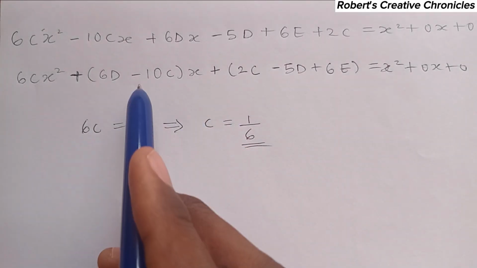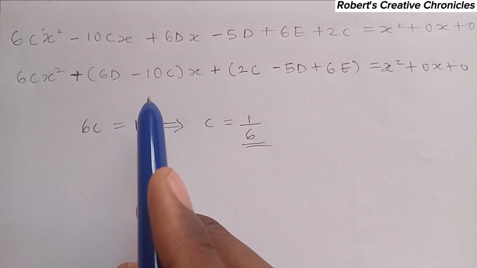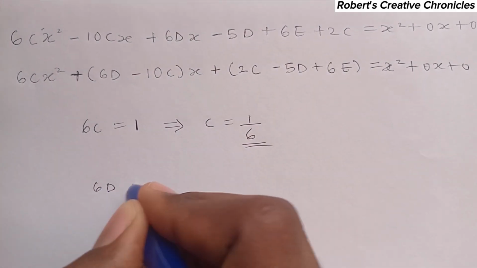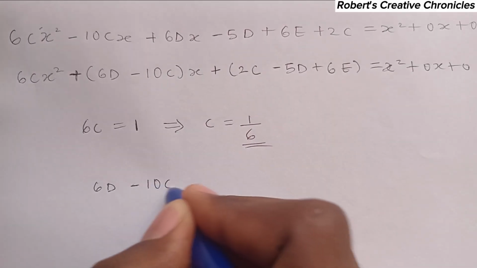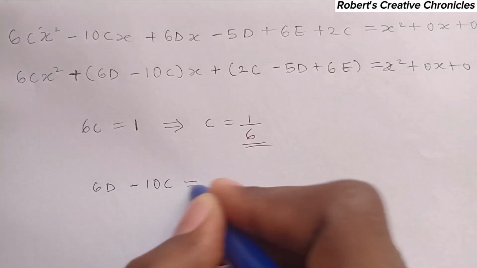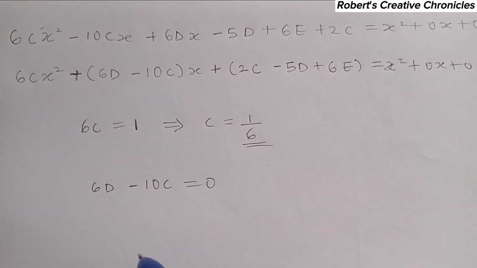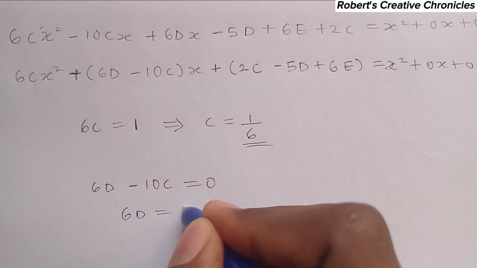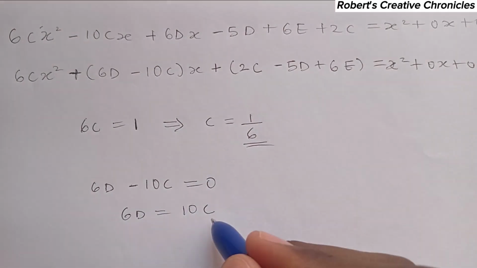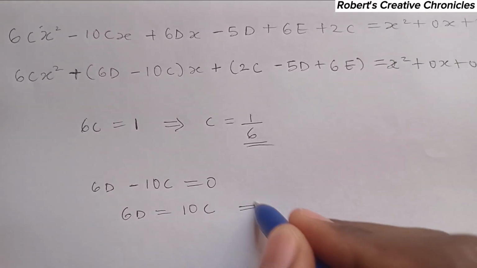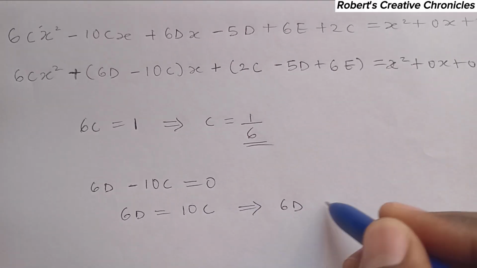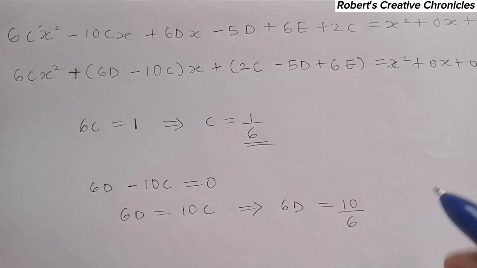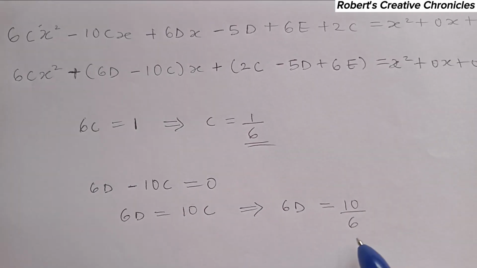Then now for x, we equate the coefficients of x. So it will be 6d minus 10c is equal to 0. So now we'll take this to the other side. 6d is now equal to 10c. And c is 1 over 6, so you can substitute that. It becomes 6d is equal to 10 times 1 over 6, which is 10 over 6.